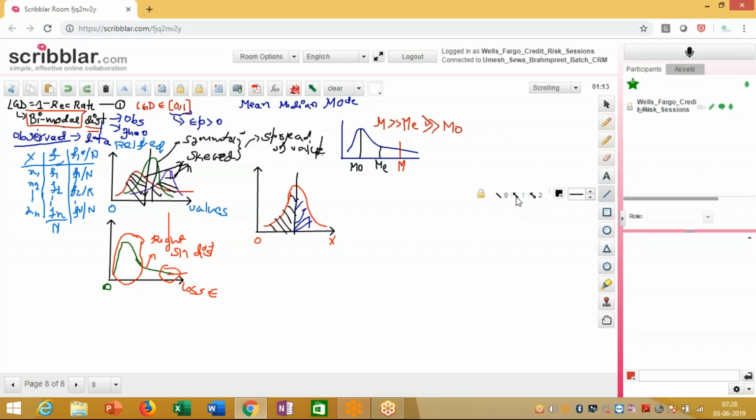So there are two parts to it. The first question that comes out is, why is it so? Why do I consider it to be bimodal? And how does the bimodal distribution look?